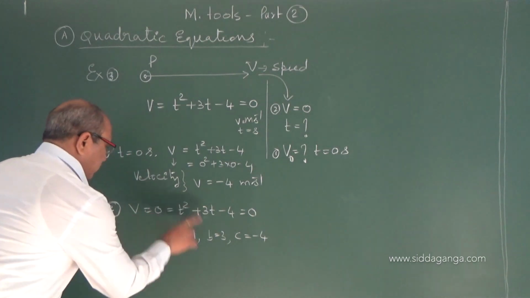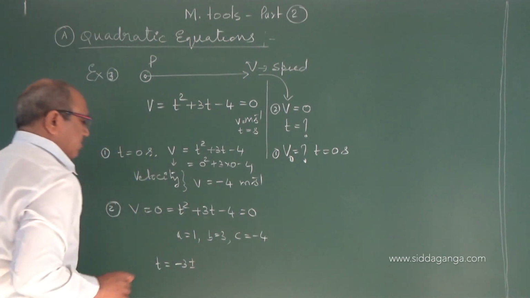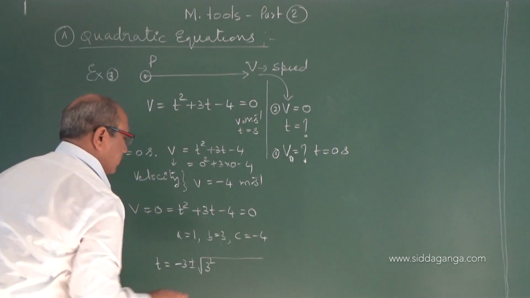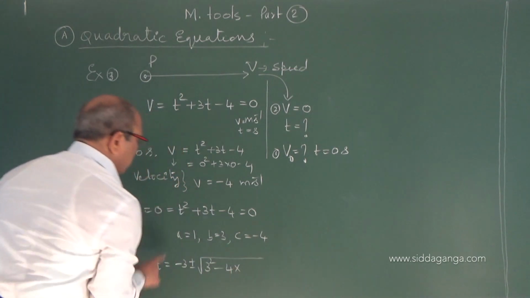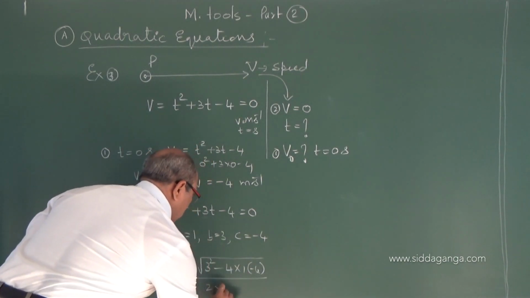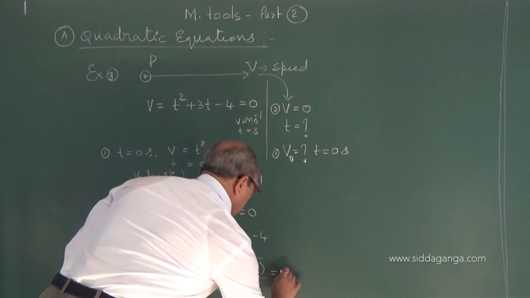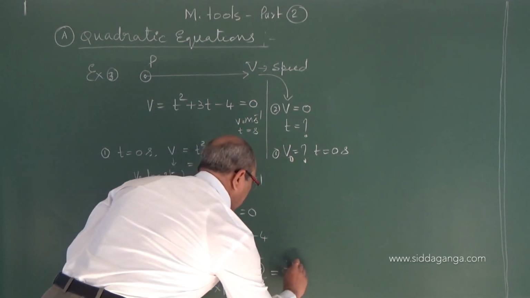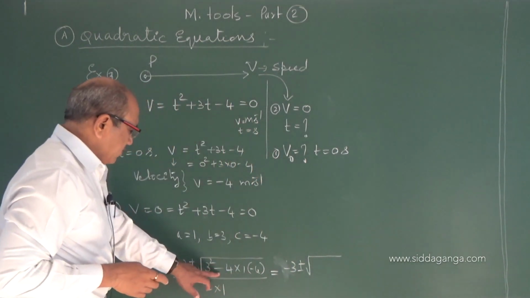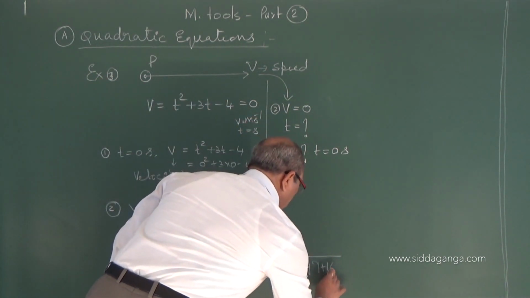And the root of that equation t, if you want, is minus b, which is minus 3, plus or minus the square root of b square, which is 3 square, minus 4 into a, which is 1, into minus 4, divided by 2 into 1. So this can be written as minus 3 plus or minus the square root of 9 plus 16, divided by 2.